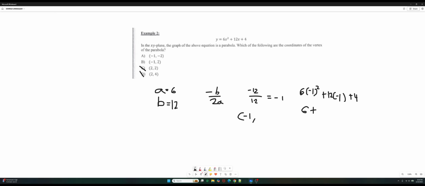Negative 1 times 12 is negative 12. That's just plus 4. So 6 minus 12, that's negative 6. Negative 6 plus 4, that would give us negative 2. So we know our y coordinate of the vertex is negative 2. So the answer would be A, and we could cancel B.